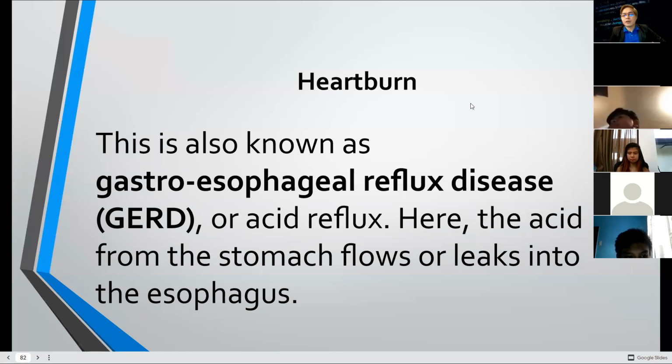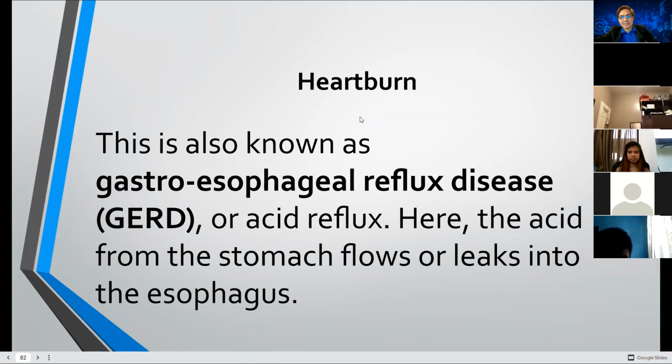Remember that your heart is near the GIT, or gastrointestinal tract. Usually it happens when there is too much acid being produced, so the tendency is that GERD happens. What could be the possible cure?